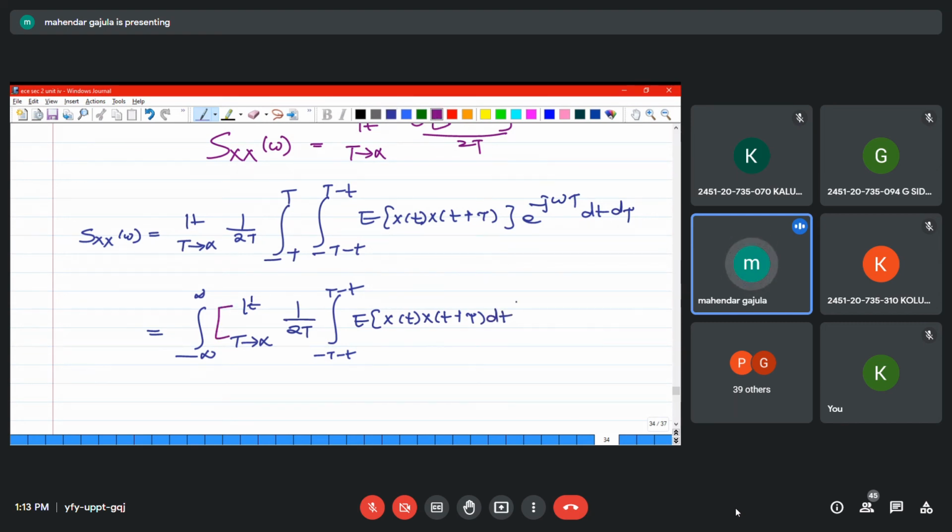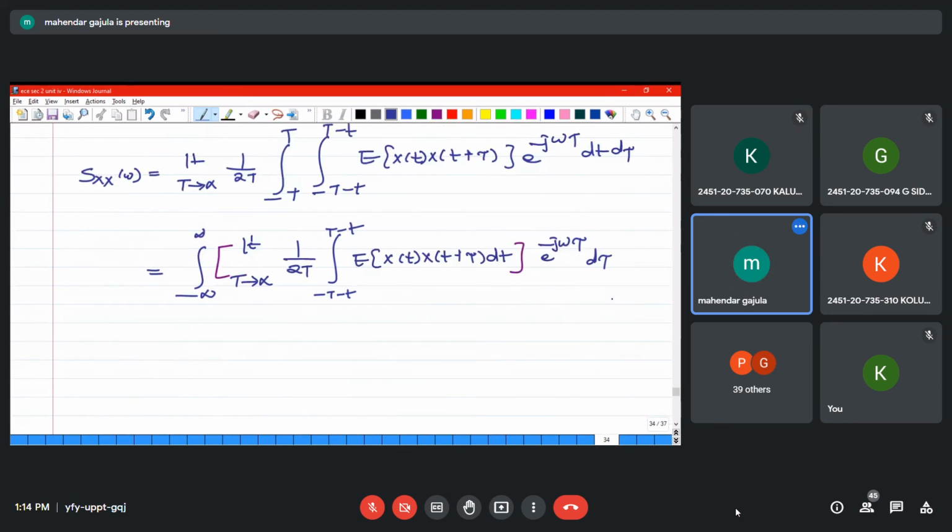I am taking this as the inner integral. The outer integral is e power minus j omega tau d tau. Now if you clearly observe, this is the time average of the autocorrelation function.